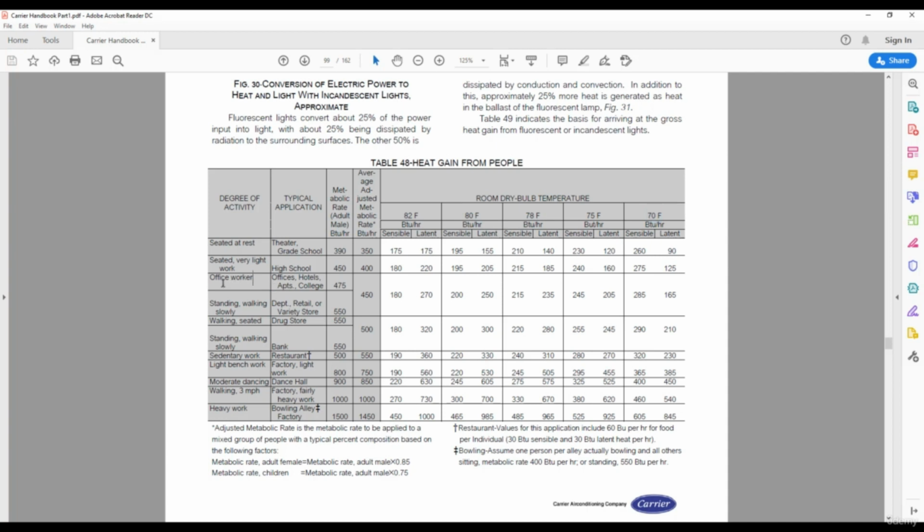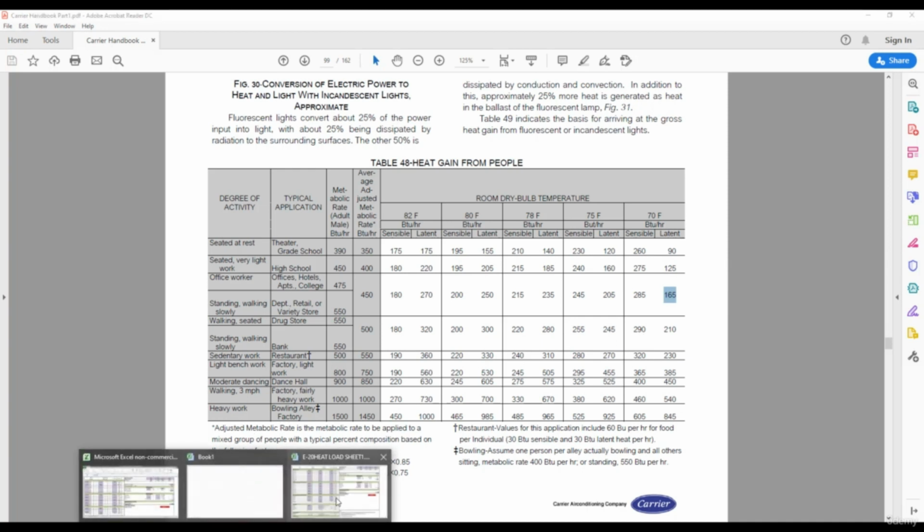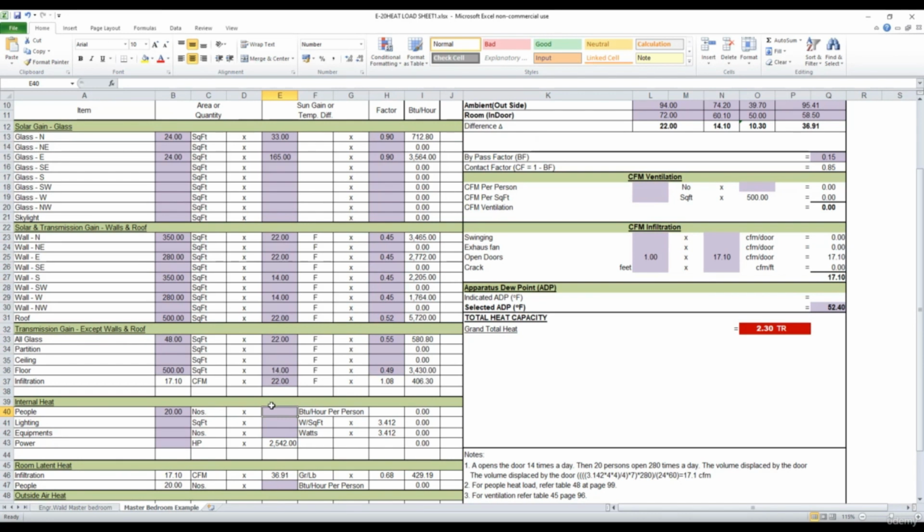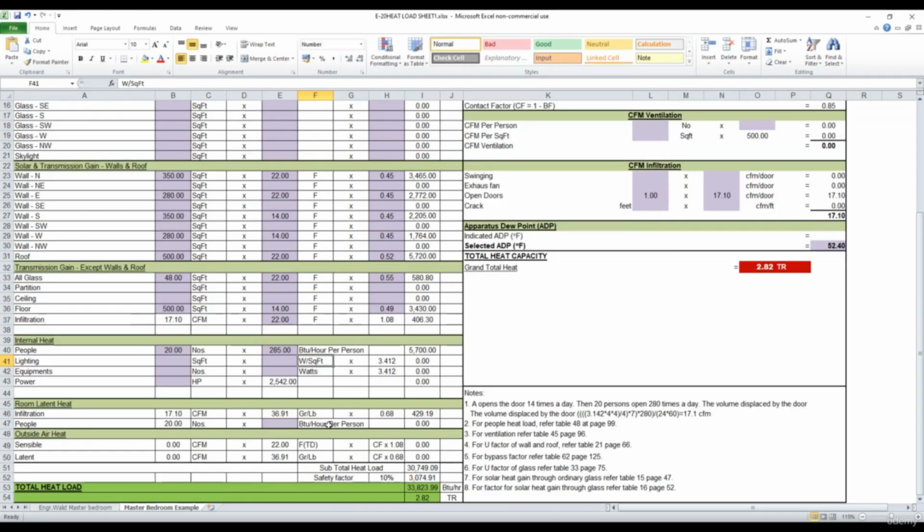Since this is an office, we consider the heat generated by an office worker. The sensible heat generated by an office worker here is 285 BTU per hour, and the latent heat is 165 BTU per hour. We fill in this value here, and thus we find out the sensible heat generated by the total occupants of the room.